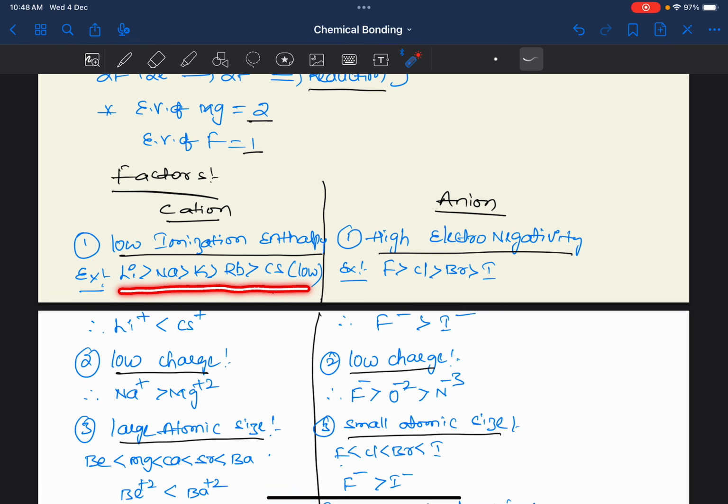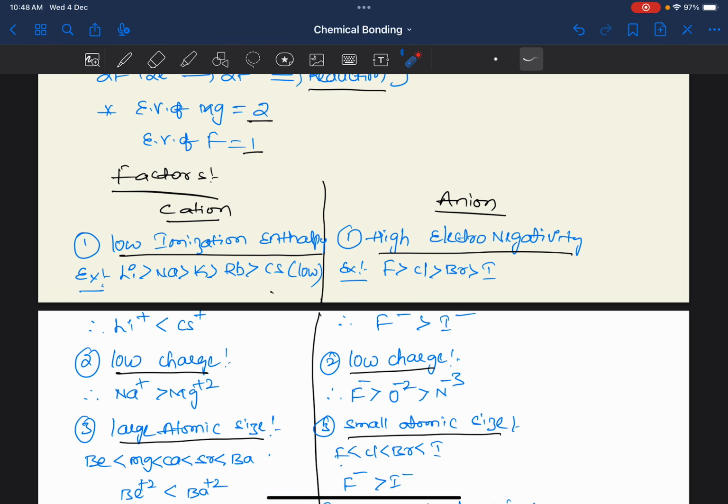Here we have to take the first group of elements. In any group from top to bottom, ionization enthalpy decreases. Therefore, for the cesium element, ionization enthalpy is low, so cesium easily loses its electron compared to the rest of the elements in that group.